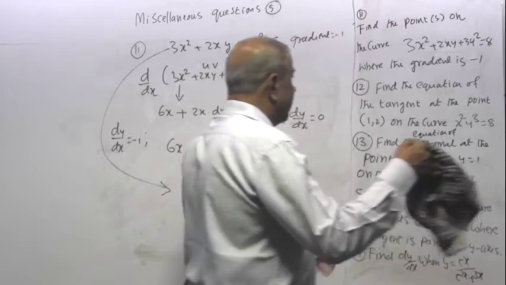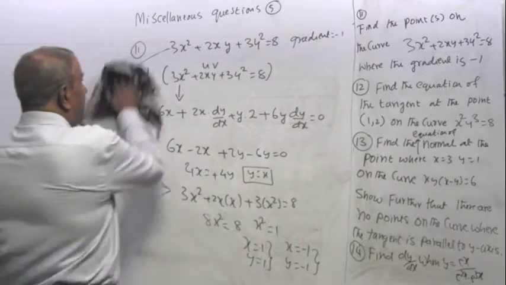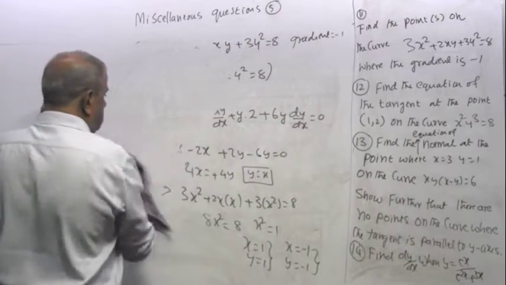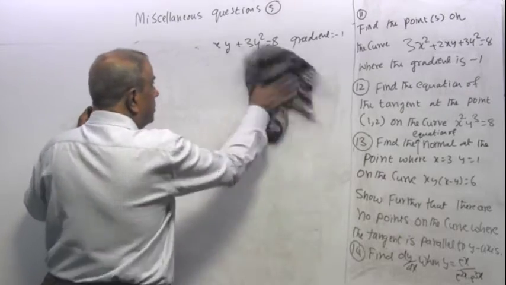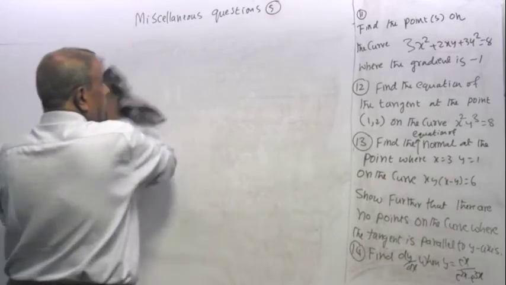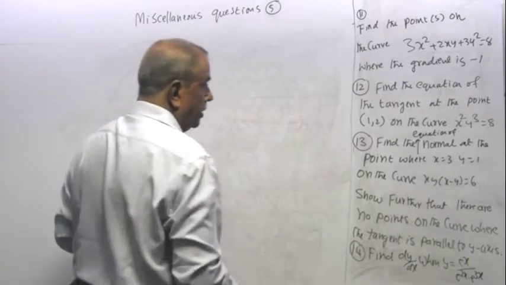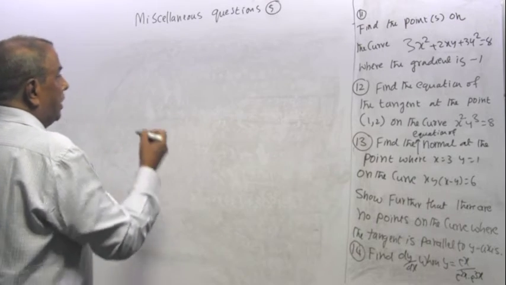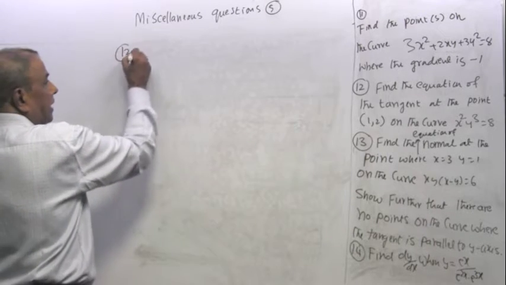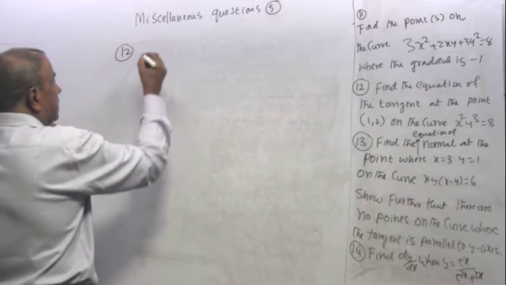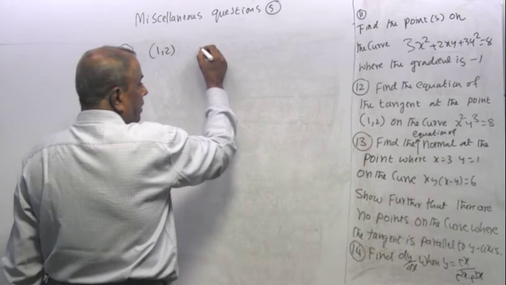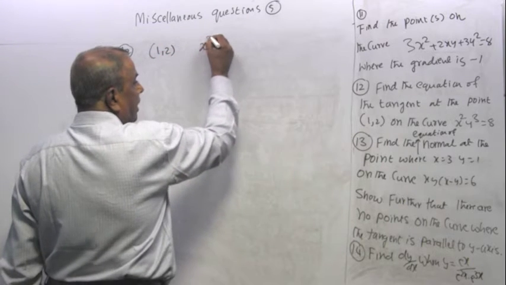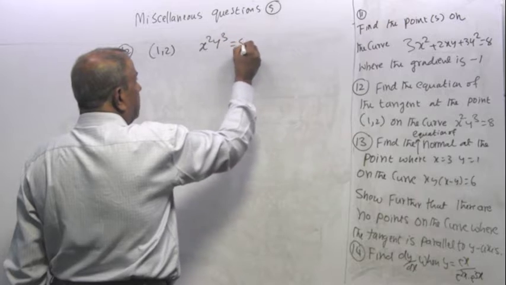The next question is number 12. The equation of the tangent at the point 1, 2 on the curve x squared y cubed equals 8.